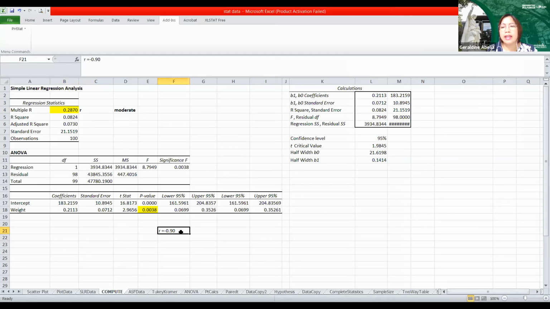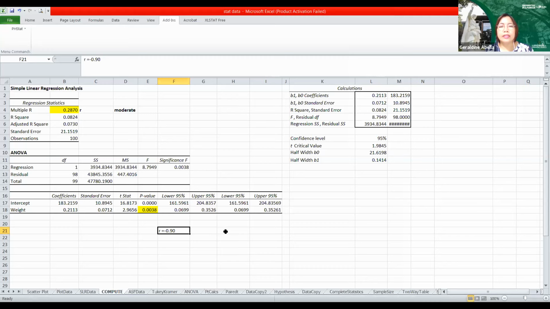What if r is negative 0.90? Yes, so it's negative 0.90. The range of values of r is from negative 1 to positive 1. If r is equal to 1, there is a perfect positive correlation. If r is equal to negative 1, there is a perfect negative correlation. Negative 0.9 is close to negative 1.